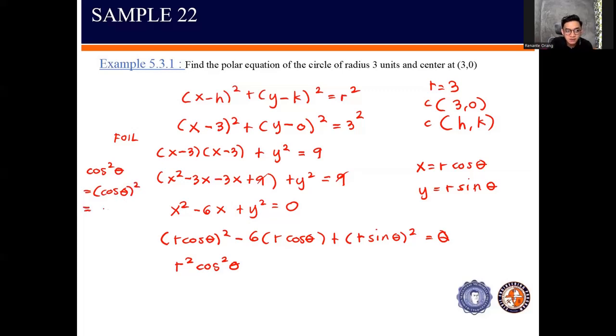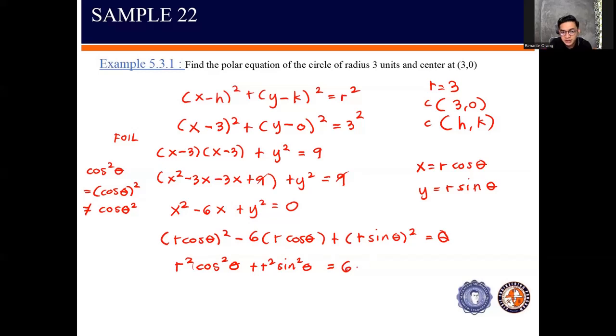But again, if you write cosine theta squared, where only the theta is squared, that is not the same. So this and this are the same, but this one is not. So therefore, distribute the one in the middle, or you can put open and close parentheses. All of them should have the squared. Okay? So this one, I will put aside, plus r squared. Same again, sine squared theta or sine theta with the squared outside. Then this 6, I will just put in the other part.